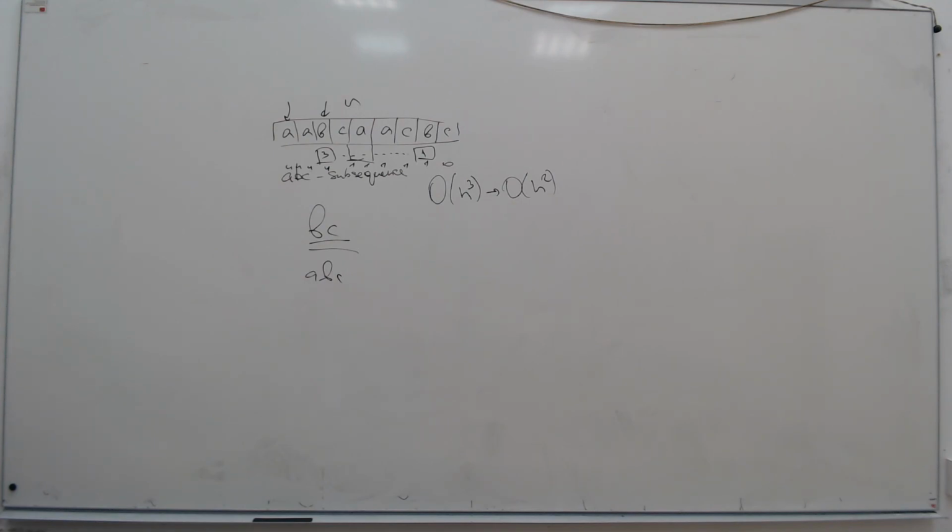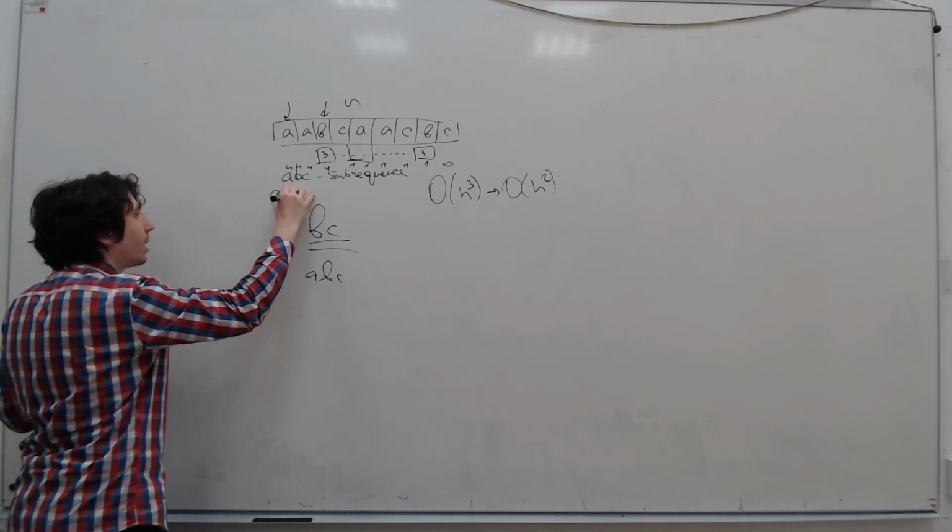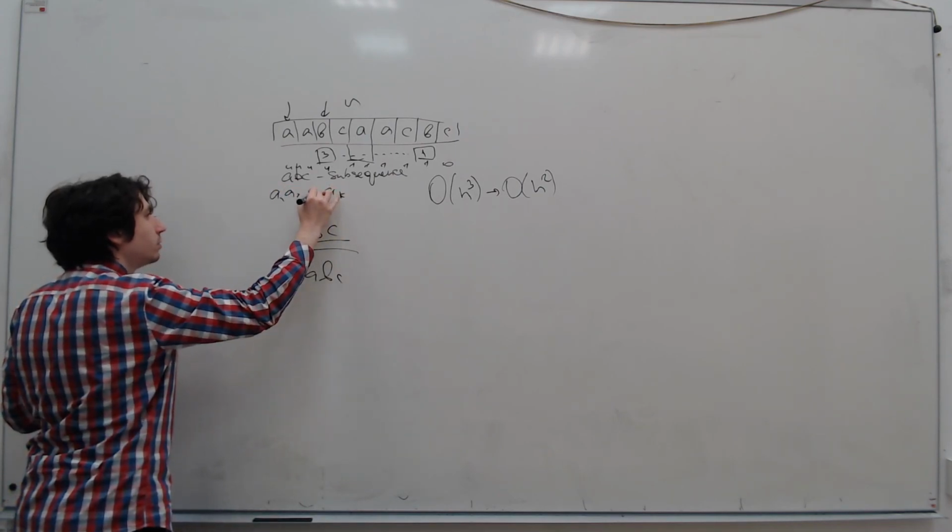Okay, is it clear? Is it clear that we can do this not only for ABC but for A1, A2, AK?